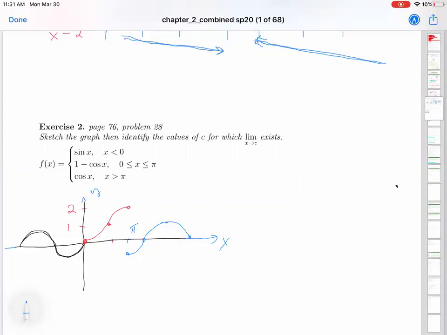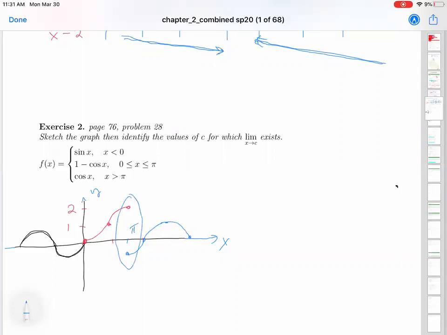If you look at the graph of this function, at most of the points on the number line, the limit of the function exists, right? Except this point right here, when x equals pi.